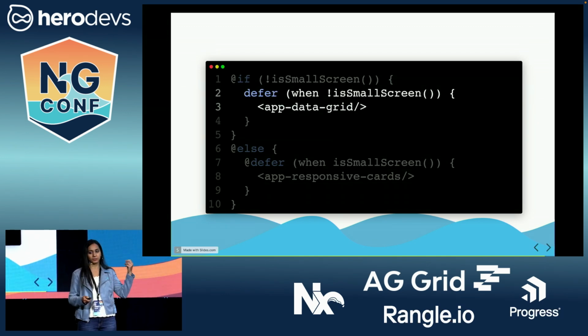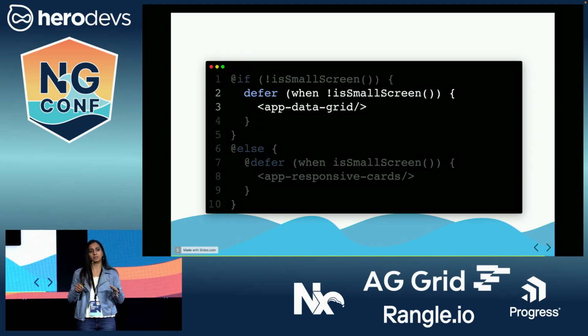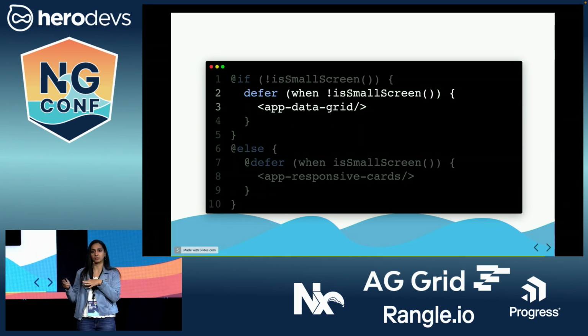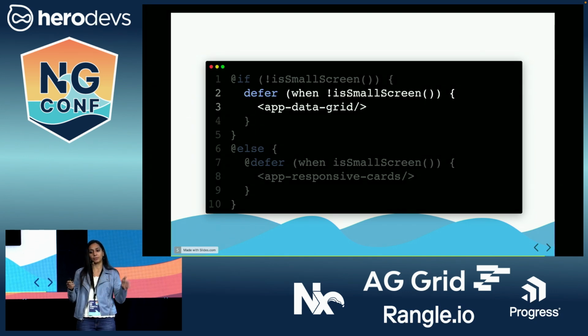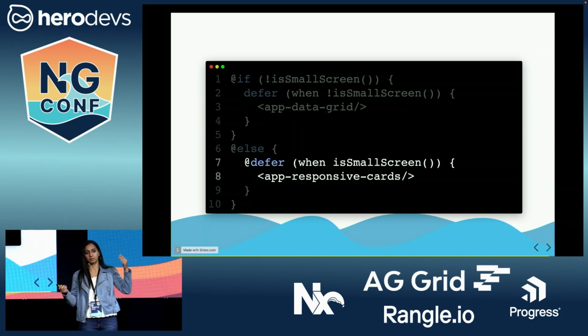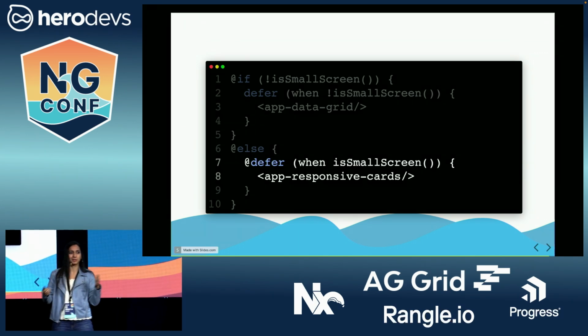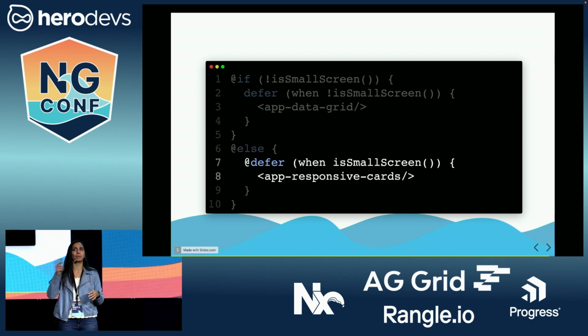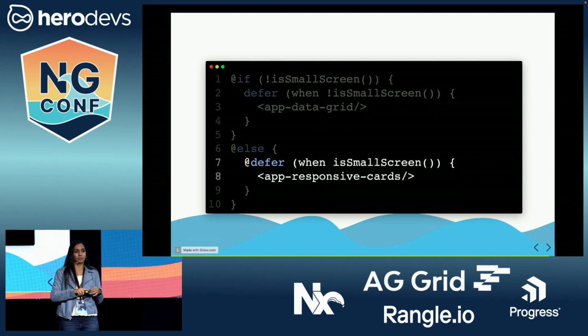So in this example, if you have a heavy data grid that you want to complicate with all the filtering and faceted filters and all of that, that you want to display for large screens, but you only want to display a small, like 5 bullet points responsive card for smaller screens, you just defer load the component based on whatever condition you want, like a small screen or whatever way you're tracking the user's screen resolution or device.